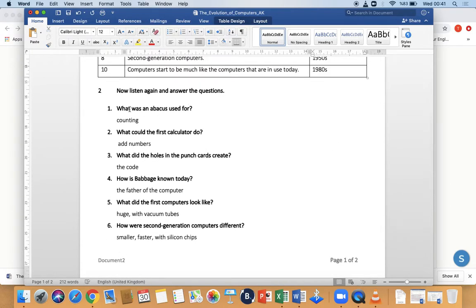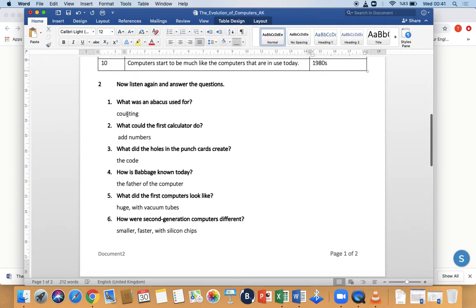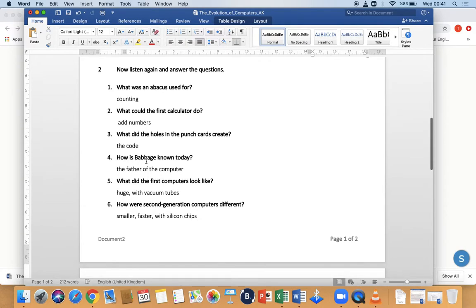The first one, what was the purpose, the aim of abacus? It is for counting. What could the first calculator do? Adding numbers. What did the holes in the punch cards create? The code. It created the code. And how is Babbage known today? He is known as the father of the computer.